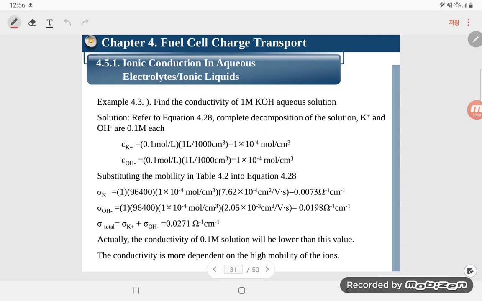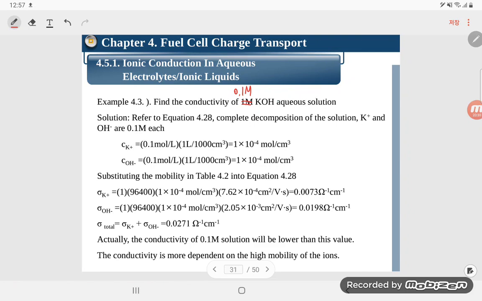Okay, then let's take a look at the example in chapter 4.3. The question is to find the conductivity of 0.1 mole potassium hydroxide aqueous solution.